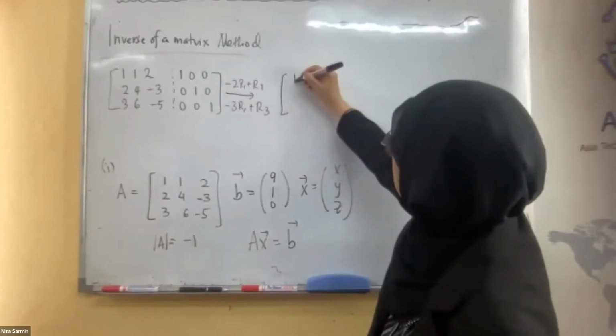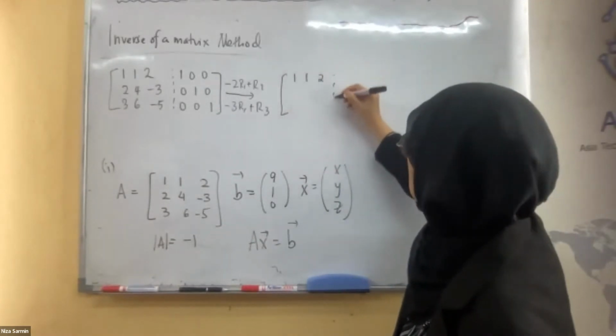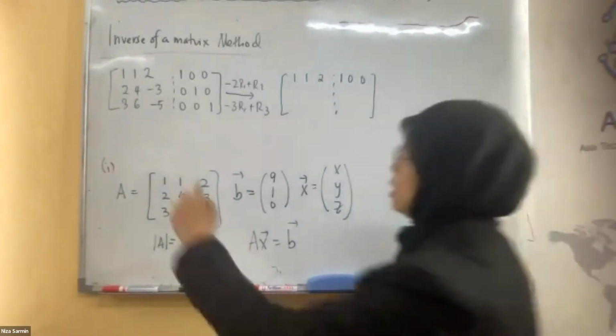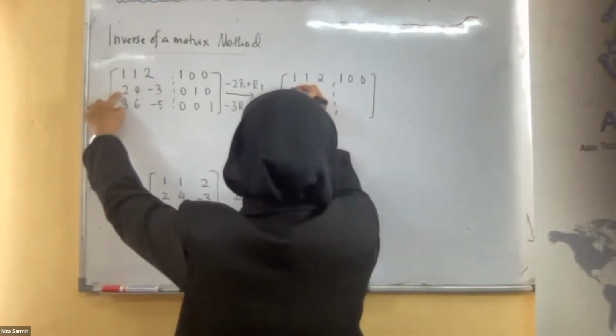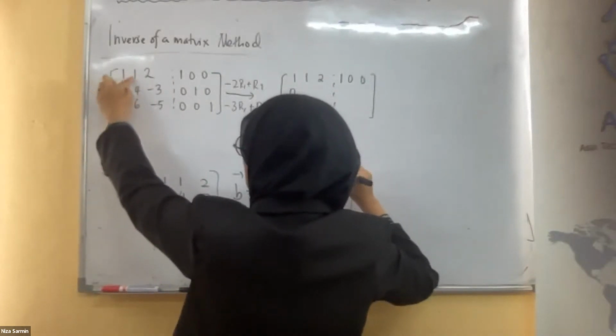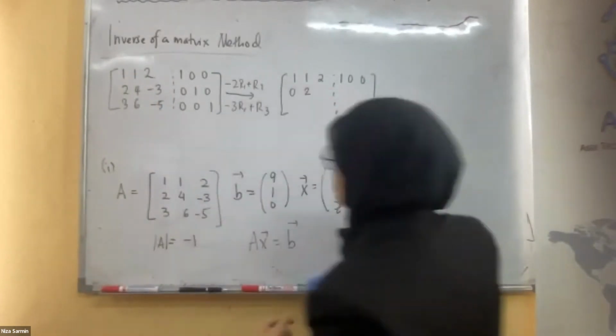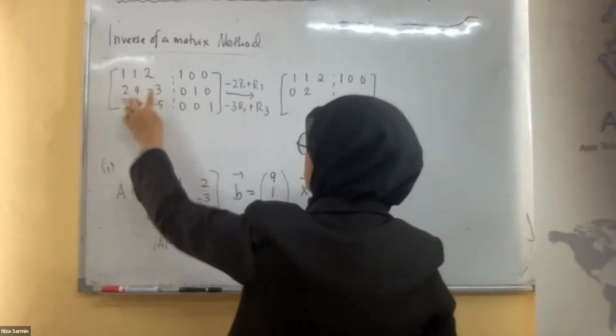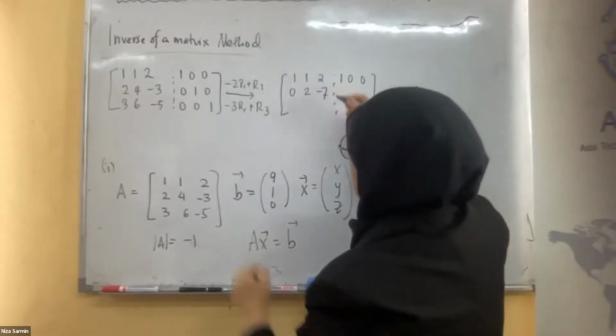Now you copy the first row. Negative 2 times this and add. Negative 2, negative 4 plus negative 3 is negative 7.